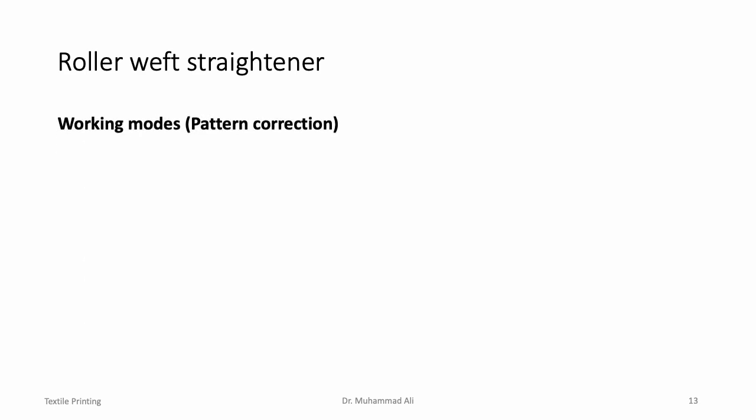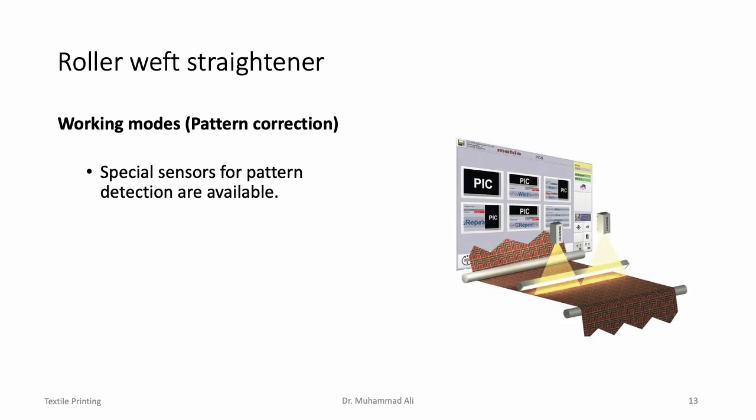A roller weft straightener can also be used for automatic correction or removal of deviations from a printed design or any other pattern on the fabric. In this case, special sensors are used that are able to measure and detect the deviations in the printed design or pattern.